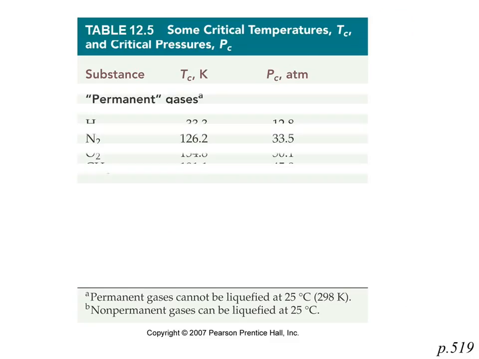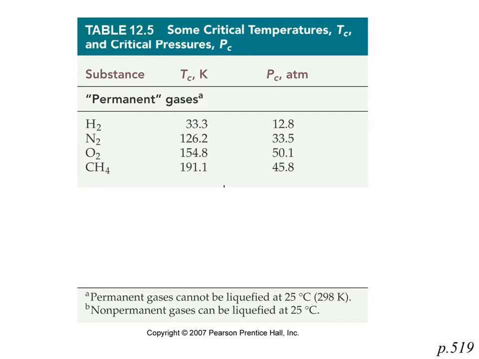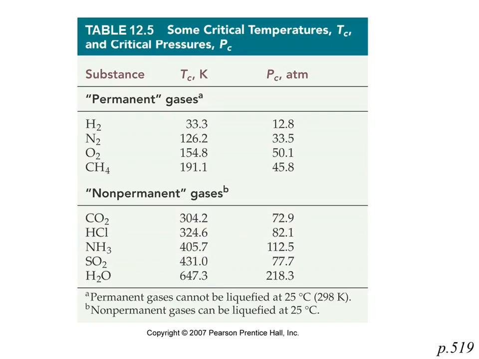So here are some substances kind of grouped together. Down here at the bottom, and you'll be referring to this for one of your homework problems, it talks about non-permanent gases at 25 degrees Celsius, which is basically room temperature.